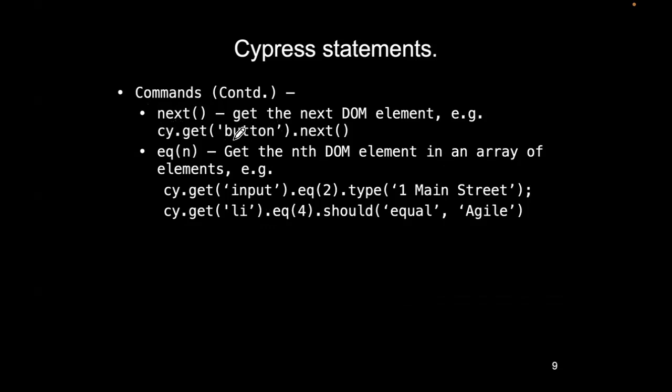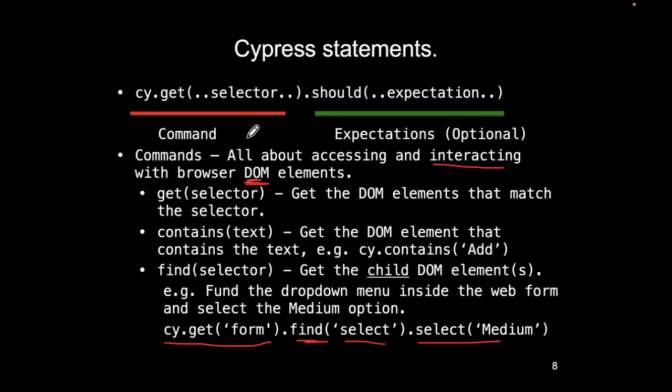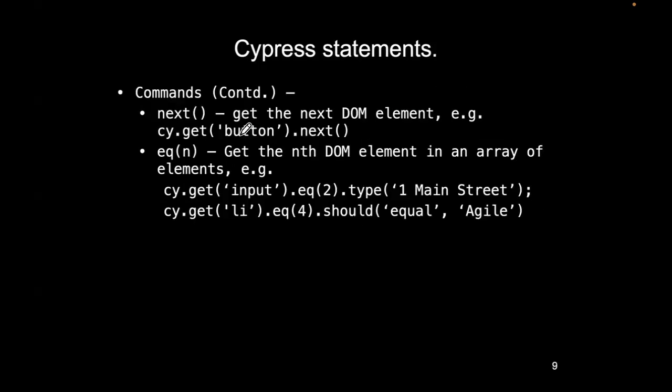Of course, if cy.get button returned an array, the dot next really doesn't make any sense. You'd actually get an error thrown by Cypress saying it doesn't know what you mean by next, because this expression evaluates to an array. Next doesn't take any argument because you're always just saying find the next element according to the HTML for the current page.